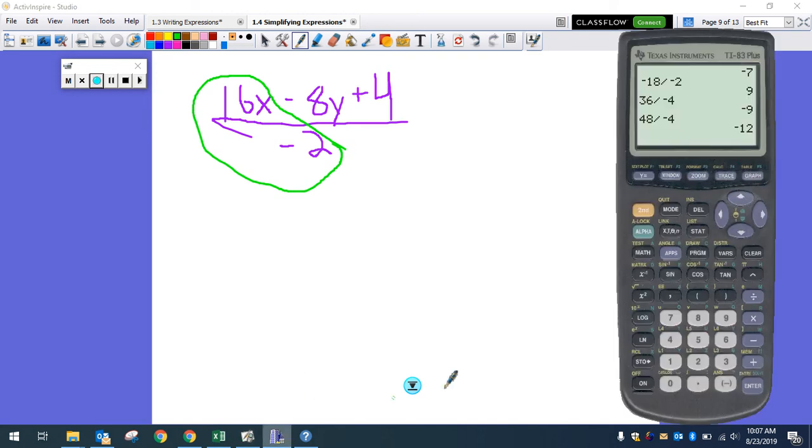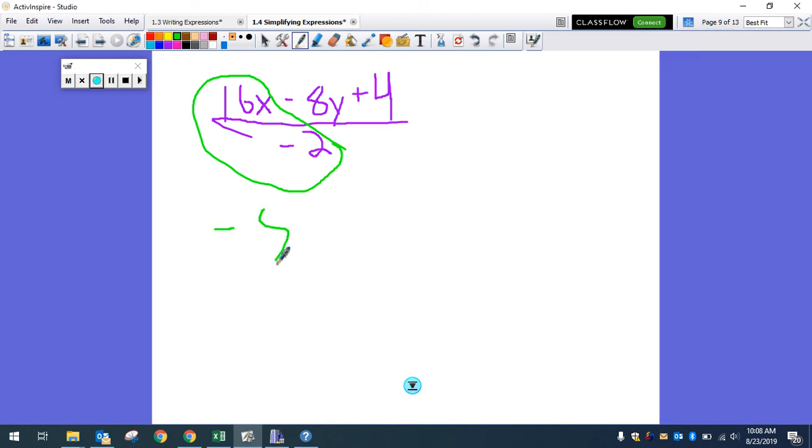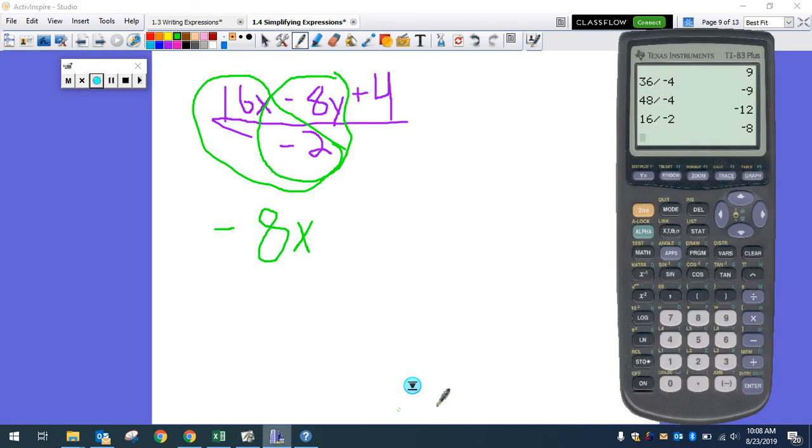I'm going to do 16 divided by negative 2. And I got negative 8. So I'm going to put negative 8. And that 16 had an x, so I'm going to put an x with that. Now I'm going to do this middle part. That's a negative 8 on top divided by a negative 2. And I got a positive 4. So think back, what do I do if I get a positive answer?